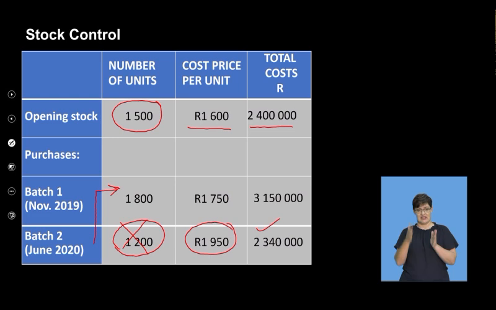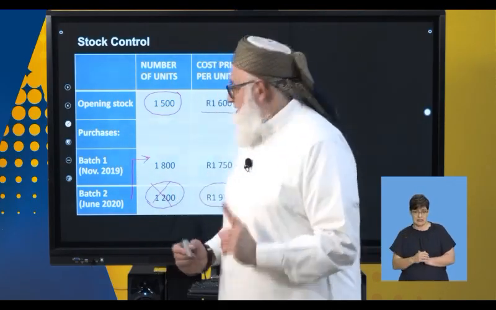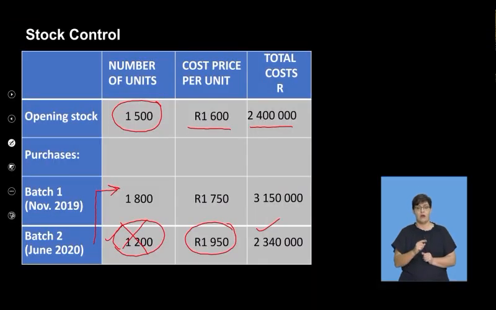And how many units of batch number 1 do we have left over? Our total stock count was 1,260. I've accounted for 1,200 units. Obviously, if you do the maths, 1,260 minus the 1,200 leaves 60 units to account for.